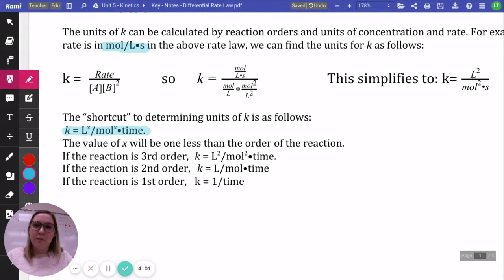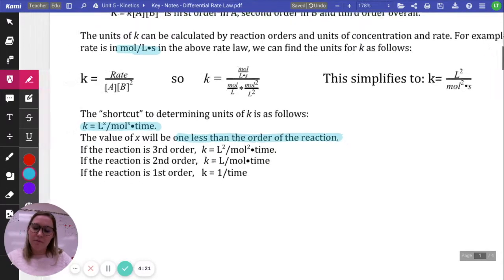The value of that power will be 1 less than the overall order of the reaction. If you have a third order reaction, it would be liters squared divided by moles squared times time, whatever your time unit is. So it's always 1 less than the order of the reaction. Hopefully that's a helpful little shortcut for determining the units of k.